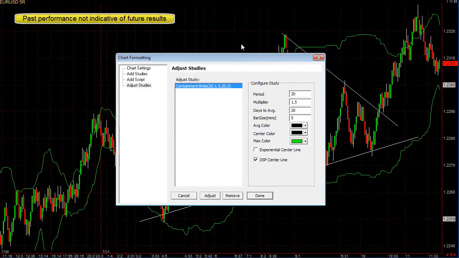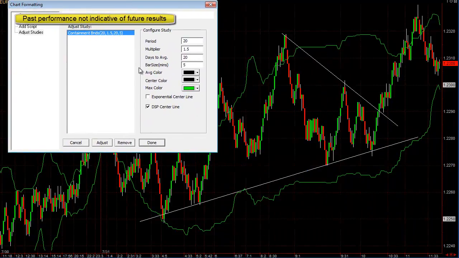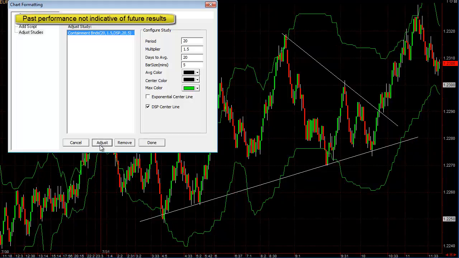See that DSP center line? I'm going to hit adjust, and you can see that it found that trade there that you wouldn't have had. The slower non-digital signal processing, and the math behind this is really complex.